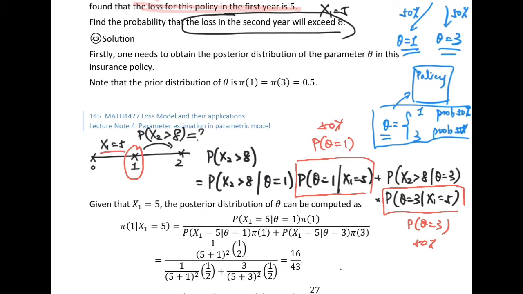When we do any prediction, we try to use all the information available as much as possible. So you should use the posterior distribution, given that you have this observation. Is that okay?